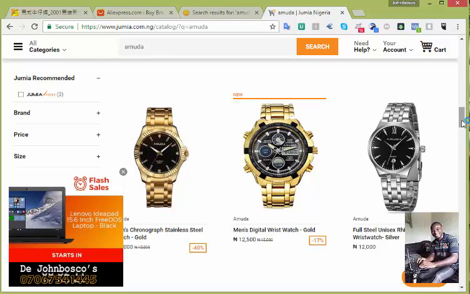Number one, get to a shop owner, someone who sells similar things anyway. Tell him, I sell this wristwatch for 12,500. I want you to sell them for 12,500. And when you've sold it for 12,500, I will take 11,500 and give you 1,000. The person will be like, wow. So if I sell 10 now, you will give me 10,000.